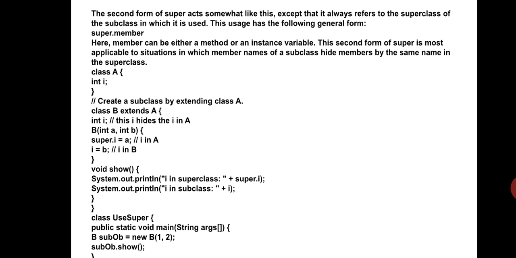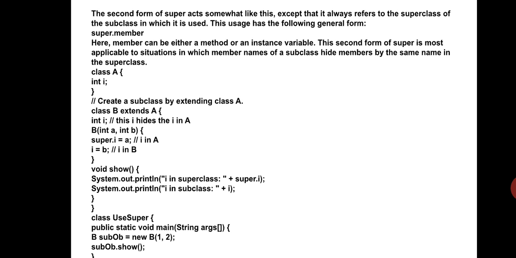You have a general form, that is nothing but super dot member. If you want to access a member of the superclass, you just go for super dot member. Here member can be either a method or an instance variable. This second form of super is most applicable to situations in which member names of a subclass hide members by the same name in a superclass.